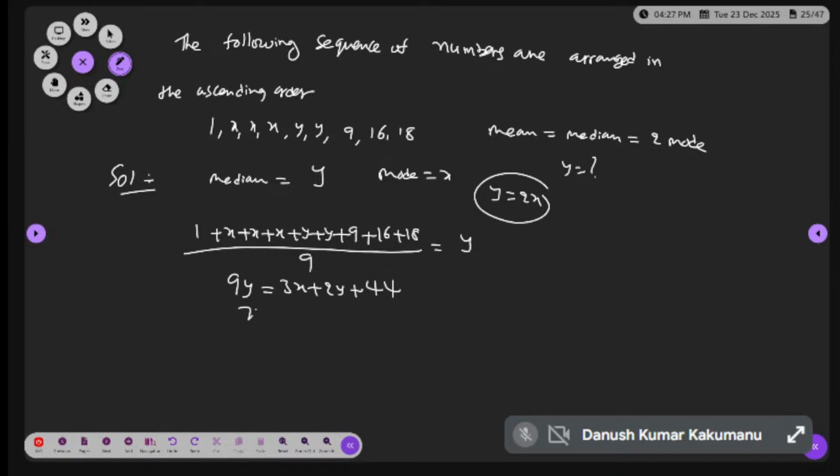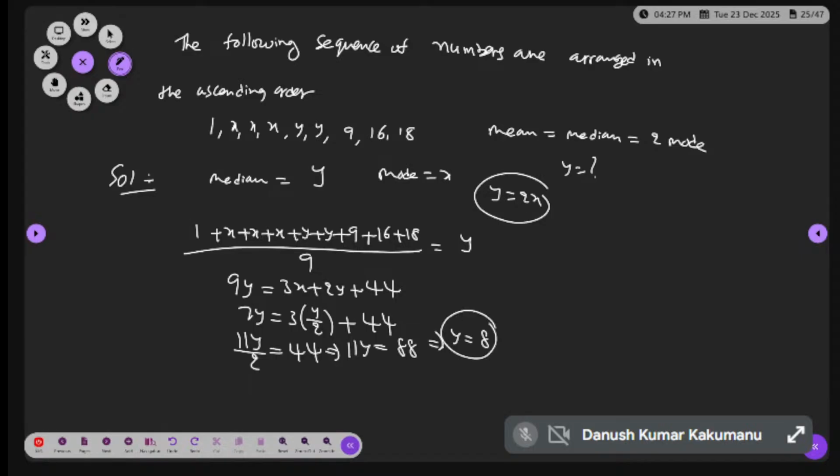So 7y equals 3 into x, which is y by 2, plus 44. That gives 11y by 2 equals 44, so 11y equals 88. Y is equal to 8 is the answer.